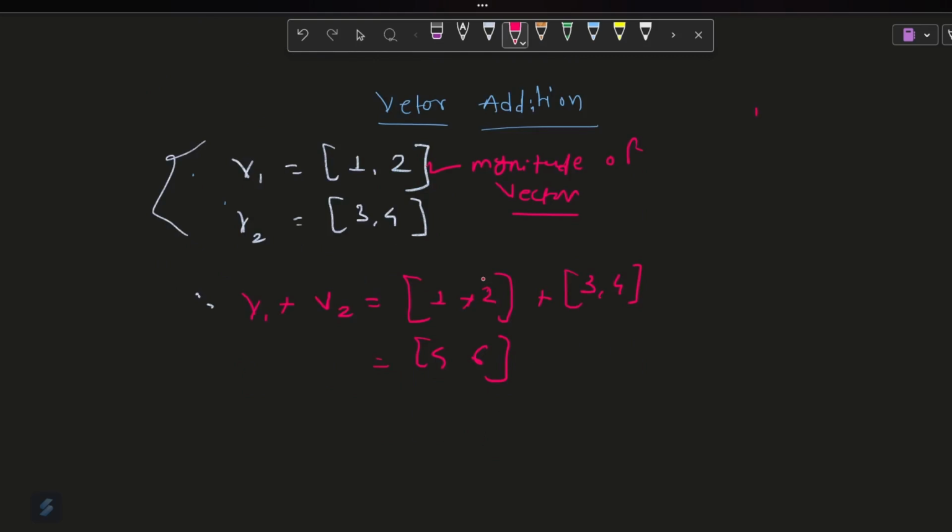So what is the magnitude of vector v1? The magnitude of vector v1 is nothing but the square root of 1 squared plus 2 squared, which is the square root of 5. That is the magnitude of vector v1.